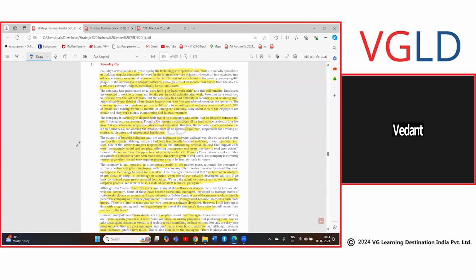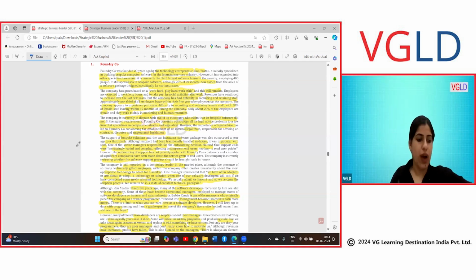Ma'am, can you explain what importance the word analytical skill holds in the question? Like our answer needs to be framed according to that only, no? See, you have to justify your answer first of all according to the right audience, who your audience is.